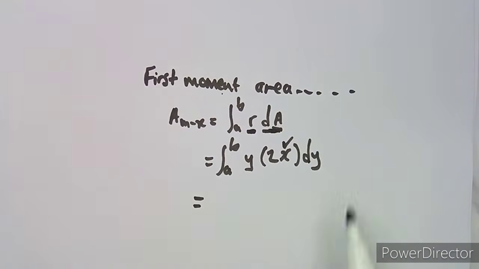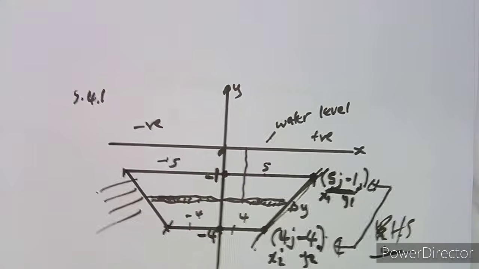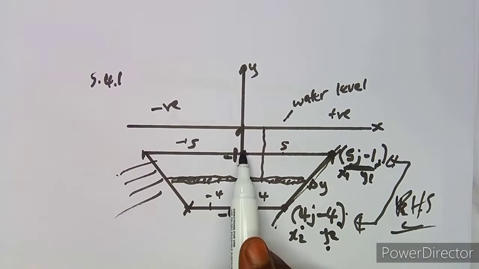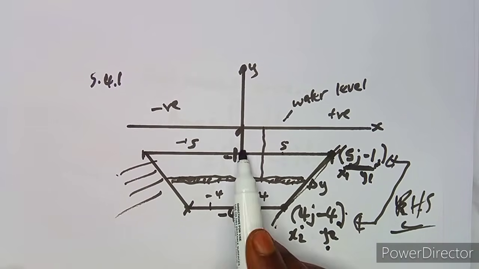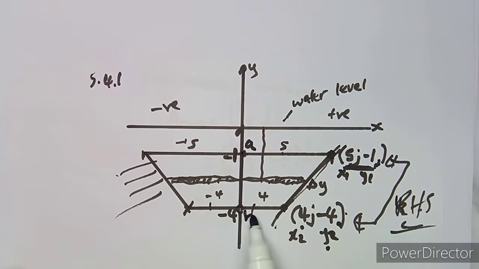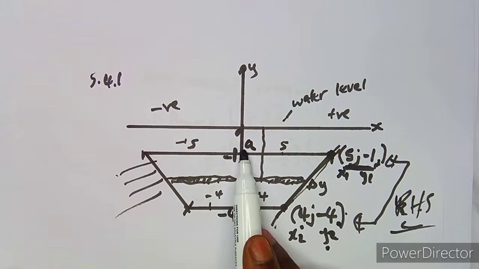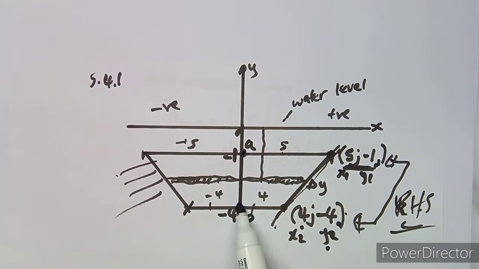With y, because this is supposed to be with respect to y, not with respect to x. That's why we have to remove this x. All right, so what are the limits? The limits a and b are the limits of the water there. This is your lower limit, this is your upper limit. So that's your a, and this is your b. Okay, upper limit, because -1 is bigger than -4.